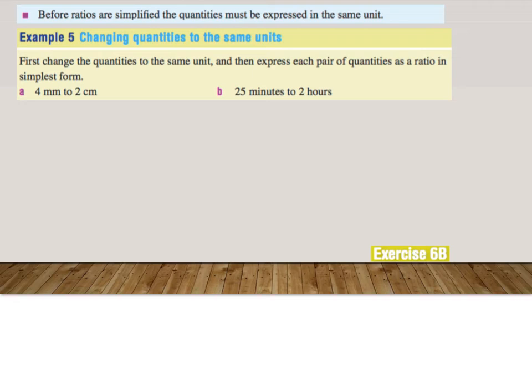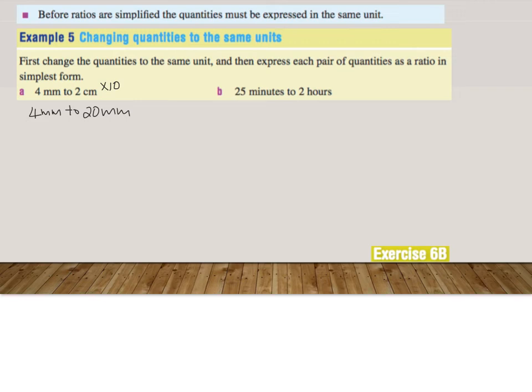In other words, we're going to have 4 millimeters to, and now we need to change 2 centimeters to millimeters. Now if you can remember chapter 4, to change from centimeters to millimeters we multiply by 10, as there are 10 millimeters in every centimeter. That will give us a total of 20 millimeters.